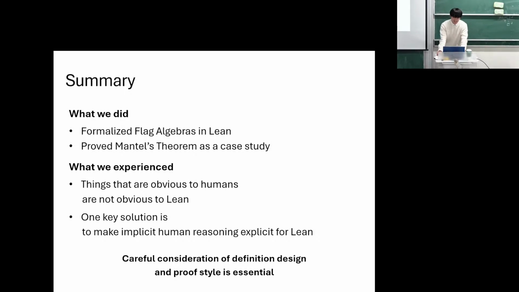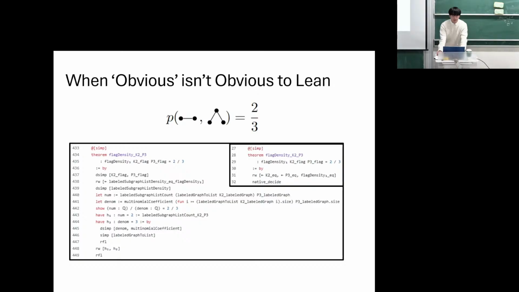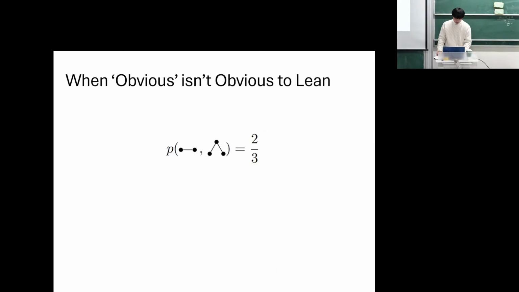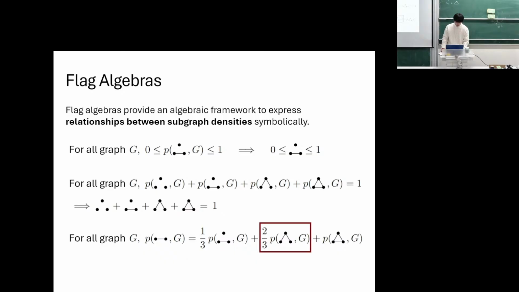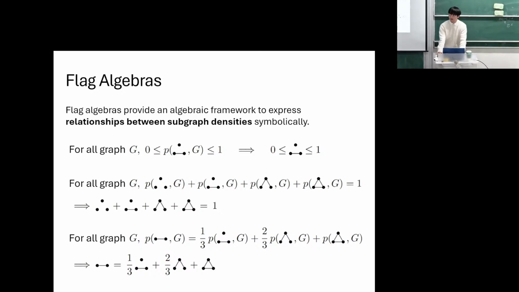Flag algebra proof only works for one. The output of flag algebra is only for big graphs. I mean, it's a limit, right?